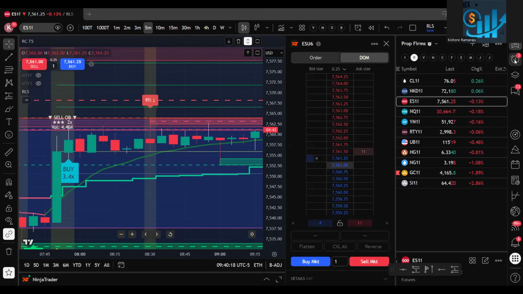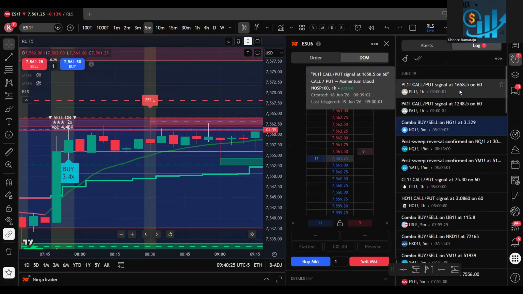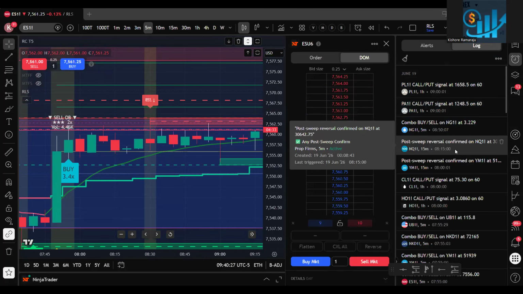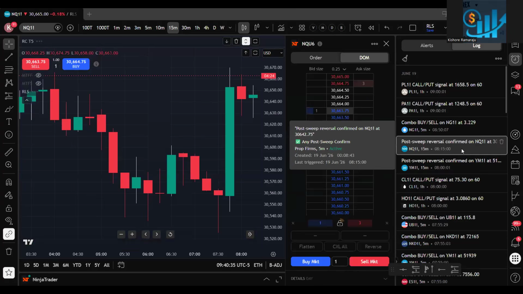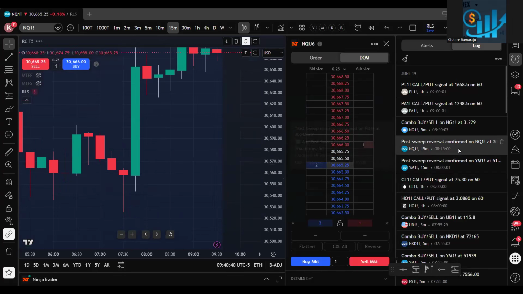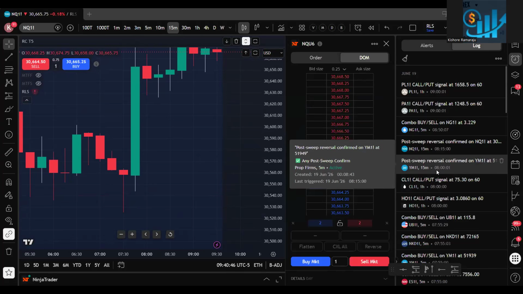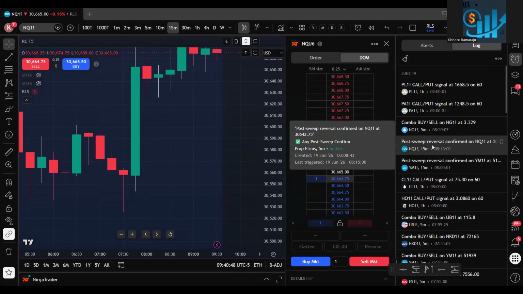So for example, let's look at right around 8:15 today, we got a post sweep reversal on NQ. That is at 30642. Again, based on what type of trader you are, you can do it on 3 minutes, 5 minutes, 15 minutes.